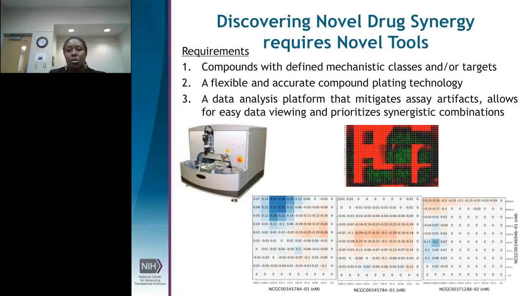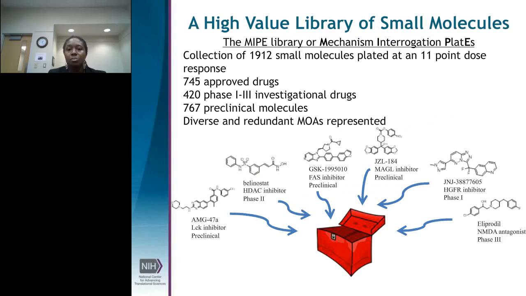But you also want to be able to view the data in an easy way and allow your collaborators to view the data in a way that's meaningful. And also you want a way to rank synergistic combinations and see which ones to move forward with for follow-up screening and additional experimentation.